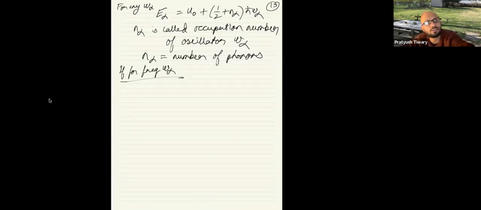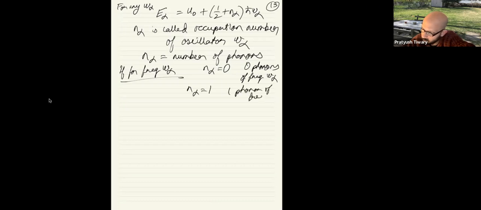That is a concept of solid state physics. I can just give you a brief summary of what phonons are. If for frequency omega alpha the system was in ground state, then N alpha will be 0, and we will say 0 phonons of frequency omega alpha. If N alpha is equal to 1, we would say 1 phonon of frequency omega alpha.